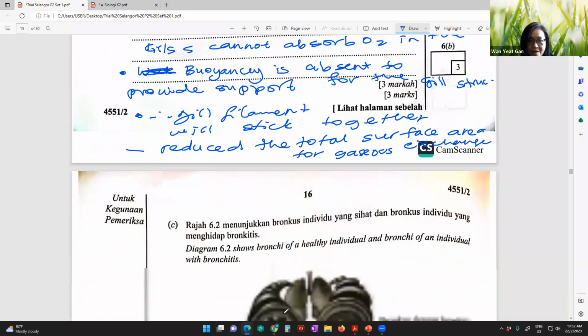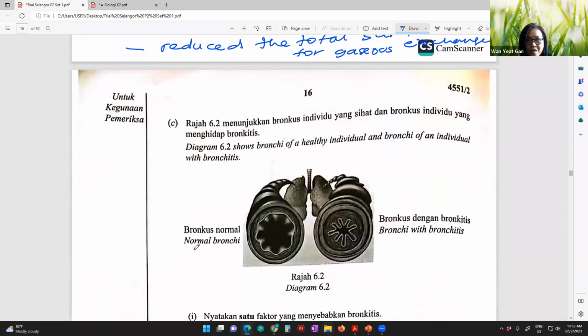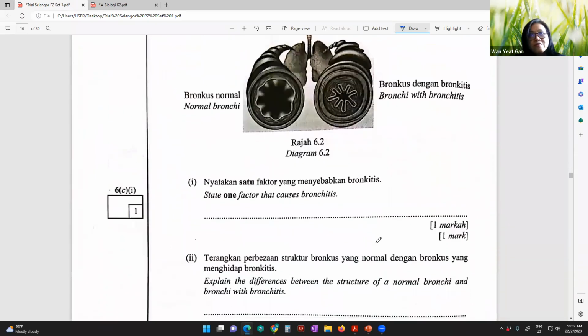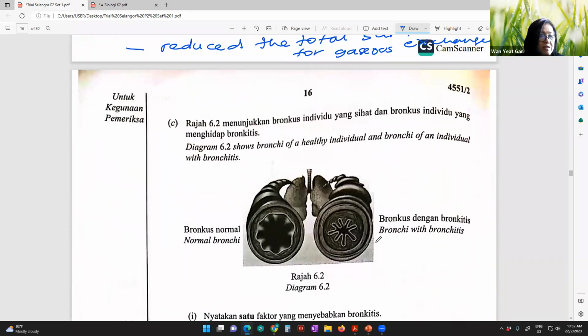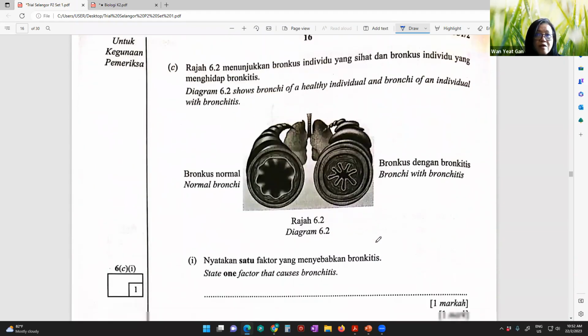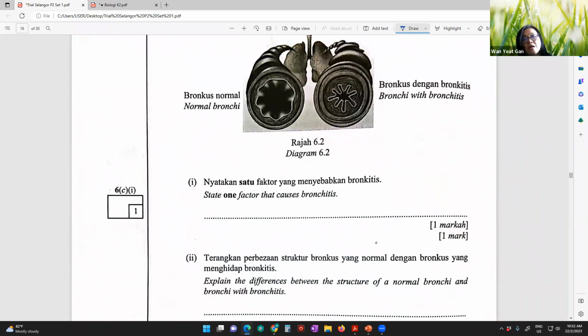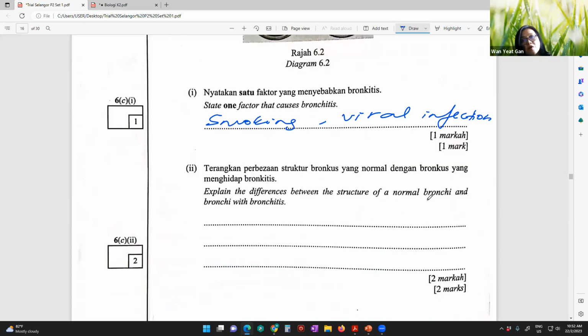Okay, next we have normal bronchus here and bronchus with bronchitis. Okay, so bronchitis, you know, is a type of disease suffered by certain people. So they ask one factor that causes bronchitis. Now, it can be due to smoking, it can be due to a viral infection. So here the question asks the difference between the structure of a normal bronchi and the bronchi with bronchitis.